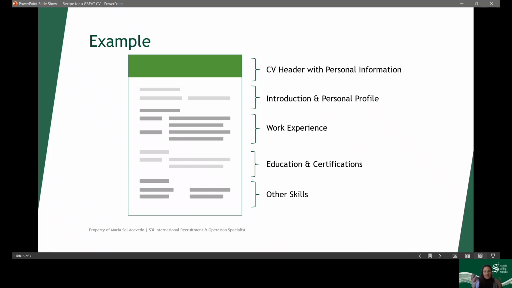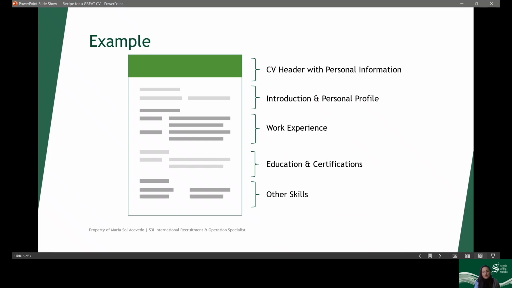So again, this is the structure for how to have a great CV. Again, try to keep it listed, clean, use bullet points if you prefer. Especially when you're listing technical skills, I highly recommend you to use bullet points and use as many as you can of the keywords that you find in the job description.